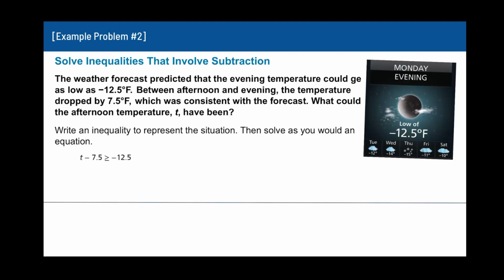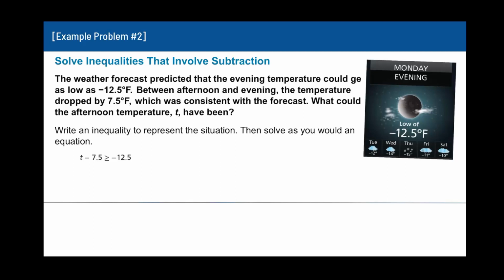So whatever the afternoon temperature was, minus 7.5, so minus the drop, is greater than or equal to negative 12.5. Because if it went lower than negative 12.5, then our low temperature would be lower than that. So it has to be at that or even slightly above it.